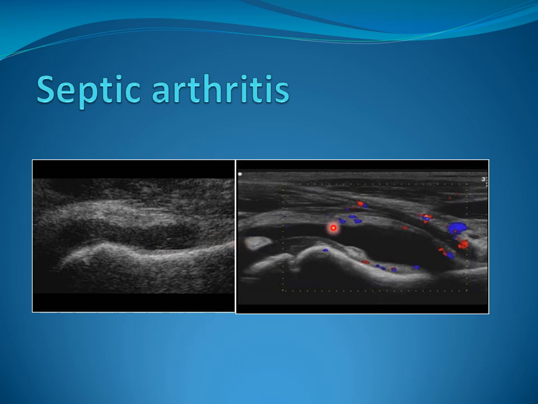Also, the absence of turbid fluid does not exclude the diagnosis of septic arthritis. So we've got to be cautious in this setting, as the diagnosis is, if suspected clinically, we should respect this point.